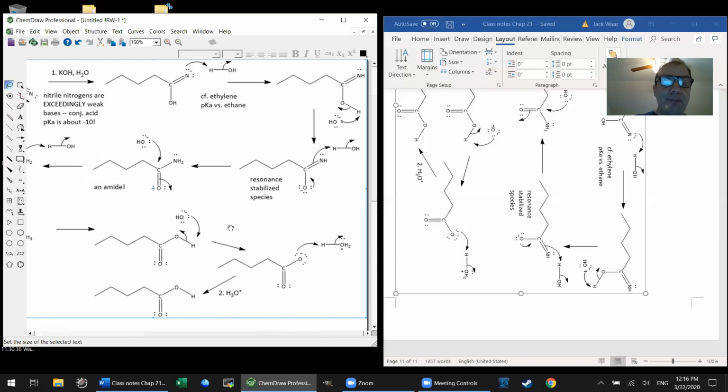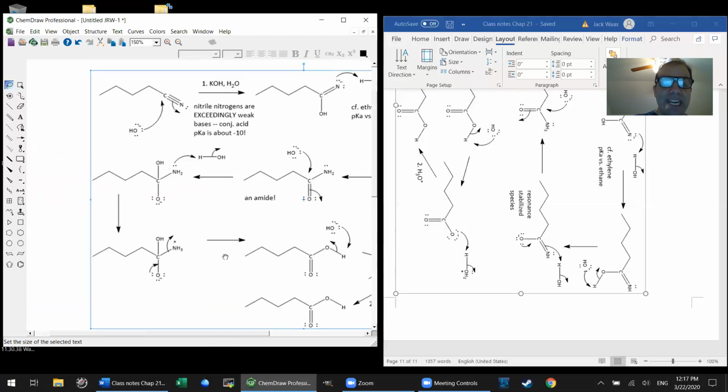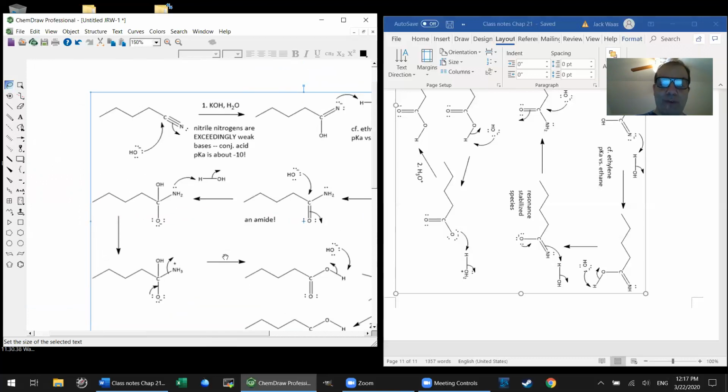The aqueous acid will first neutralize any leftover hydroxide, and then we'll start putting the proton back on the carboxylate to generate our free carboxylic acid. So the mechanism looks somewhat different in alkaline solution, but the key to understanding why we write what we do is having at least some understanding of relative pKa's of this nitrogen, which is a horrible base, as opposed to this nitrogen, which is a fairly decent base, actually.